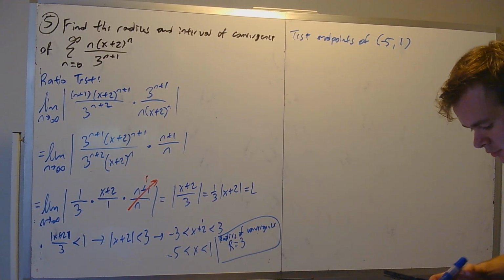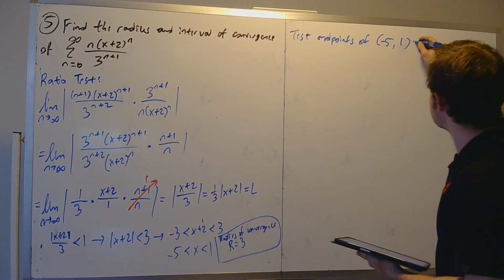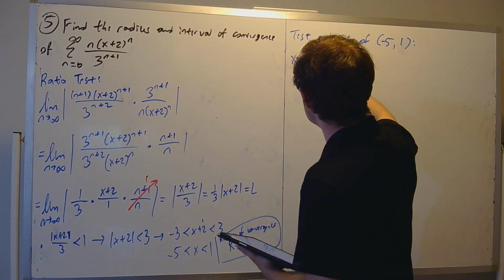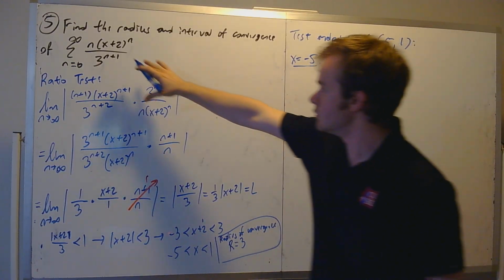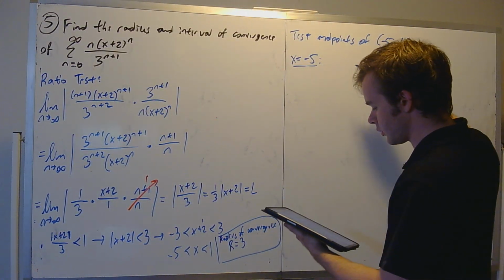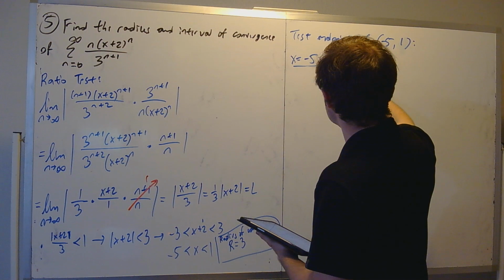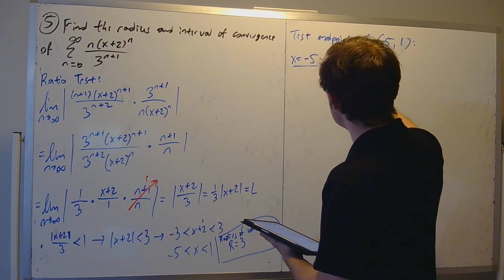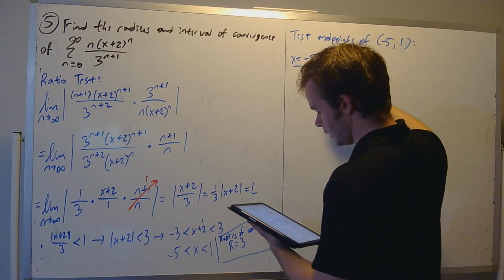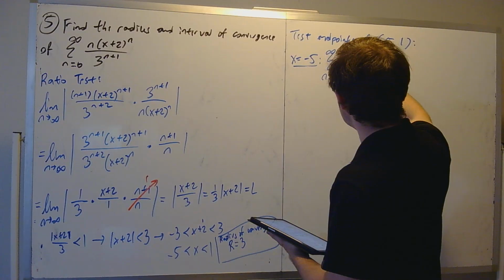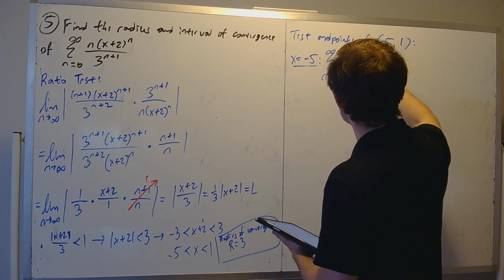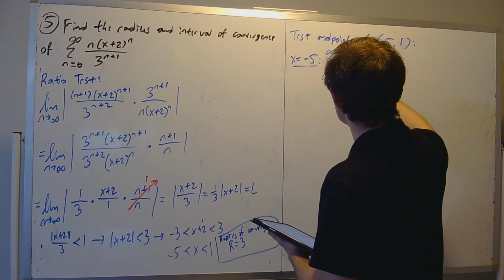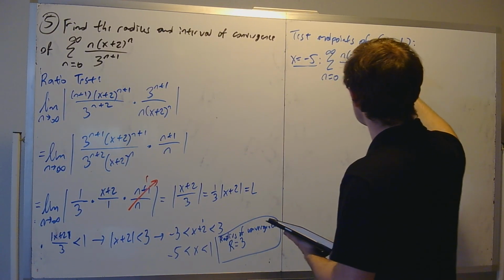So if we want to test these endpoints, then for x equals negative 5, if we just plug that into our series here, we're going to get the sum from n equals 0 to infinity of n times (negative 5 plus 2) to the power of n over 3 to the n plus 1.